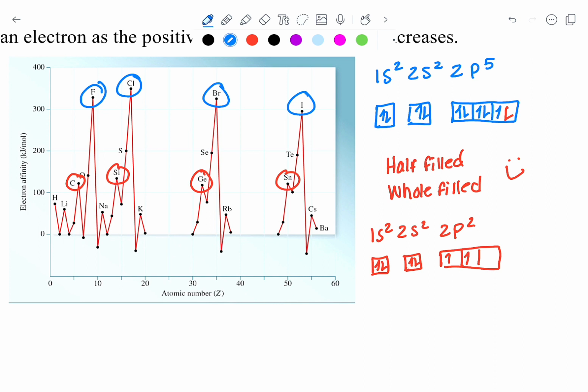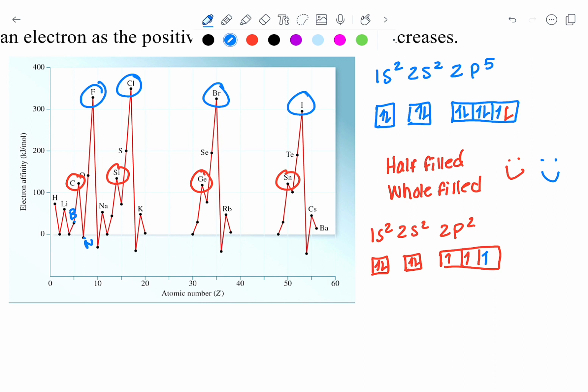So its electron affinity is a lot higher in comparison to its surrounding elements, boron and nitrogen. This is boron, that's nitrogen, because carbon is 1 electron away from a half-filled shell, which again makes us happy. We like a half-filled shell and we like a whole-filled shell. So electron affinity does increase across a period, but there are exceptions to those rules because of how the electrons would be added and make a more energetically favorable orbital.